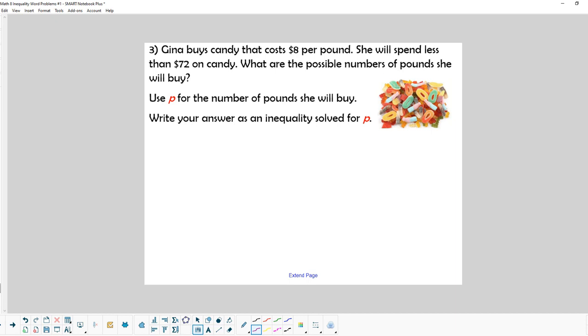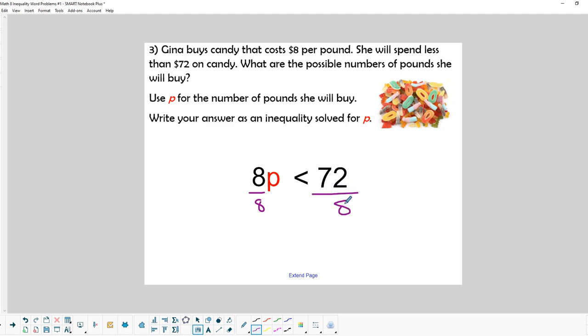Gina buys candy that costs $8 per pound. She will spend less than $72 on candy. What are the possible numbers of pounds she will buy? We know she's paying $8 per pound and will spend less than 72, so we divide both sides by 8.